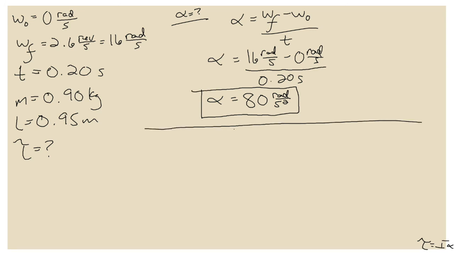Pretty straightforward. Now, as we mentioned, because we are approximating this as a uniform rod rotating about the end, the rotational inertia equation is 1/3 ml squared. And so plugging into this equation here to calculate I, we have 1/3 of its mass, 0.90 kilograms, times the length, 0.95 meters, squared.